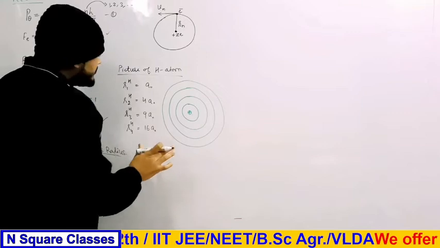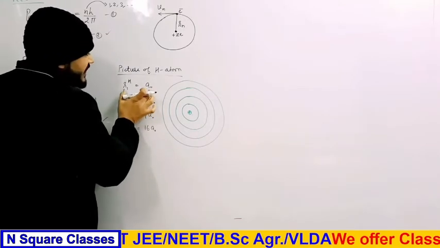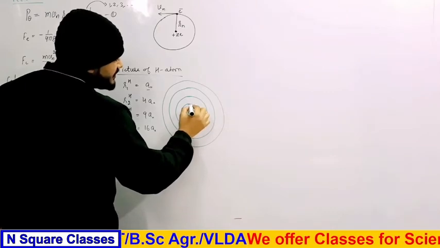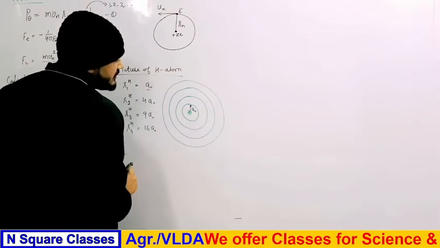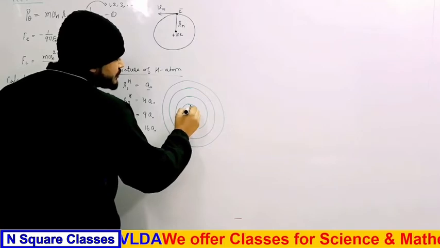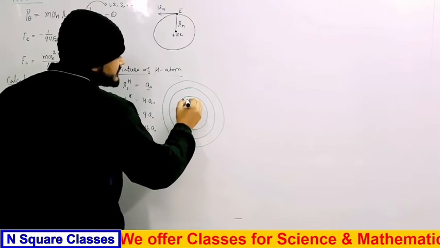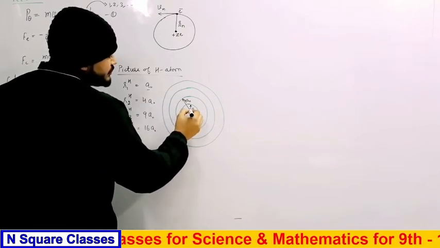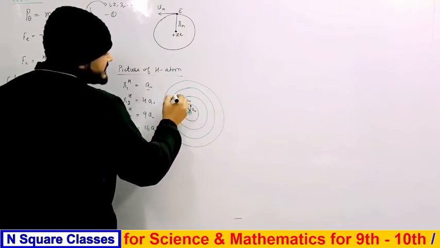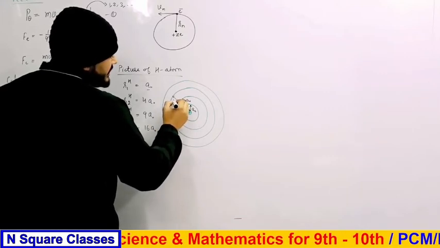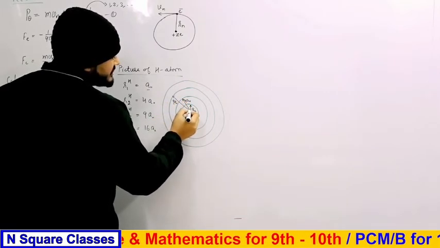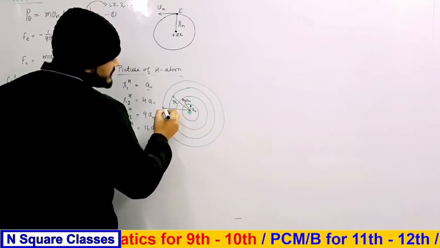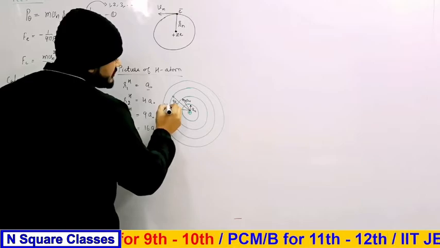Let me put these values here. The nucleus to first orbit distance is A naught, and the nucleus to second orbit distance is 4 A naught. The nucleus to third orbit is 9 A naught, and the fourth orbit is 16 A naught.